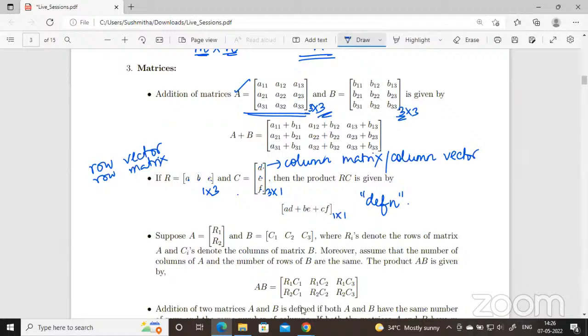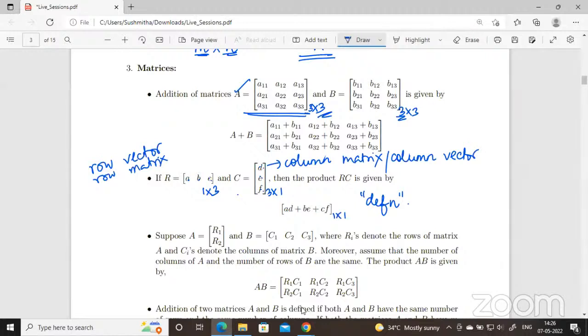You talk about the inverse of a matrix and so many other things, and without matrix multiplication none of that would be possible. This is the definition, the algebra of matrices: plus, minus, into. Also it is used for solving systems of linear equations. If you want to do operations like plus, minus, into, you should know how the rules work.